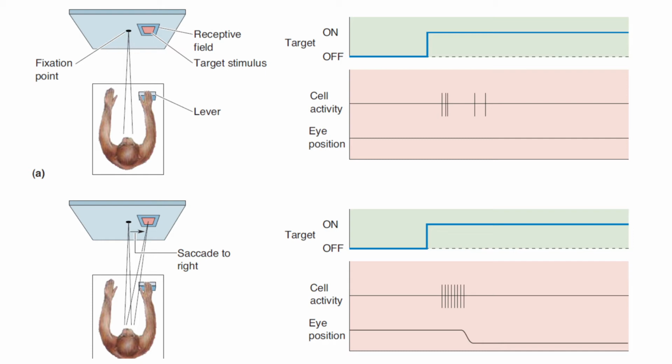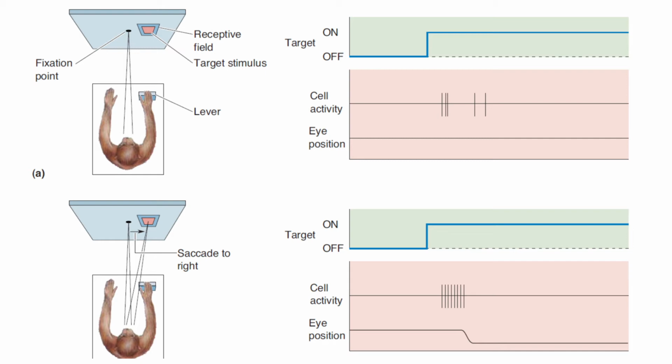And then once they found out where the receptive field for that neuron is, they use that to show the stimulus there or at different places. The monkey is always looking at the center of the screen, and then they show the stimulus, it disappears, and the monkey has to move the eye towards where the stimulus was presented before.